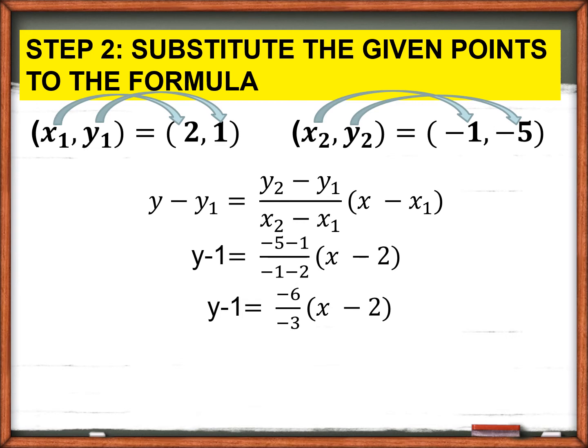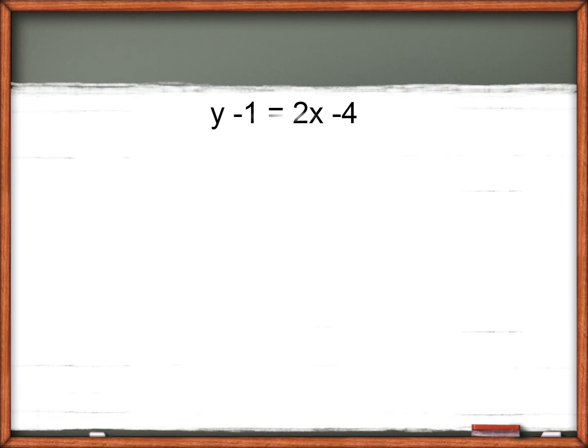Simplifying further, y minus 1 is equal to 2 quantity x minus 2. Since on the right side of the equation there is a parenthesis, we need to remove it by distributing 2 inside the parenthesis. So 2 times x and then 2 times negative 2. And the result is y minus 1 equals 2x minus 4.